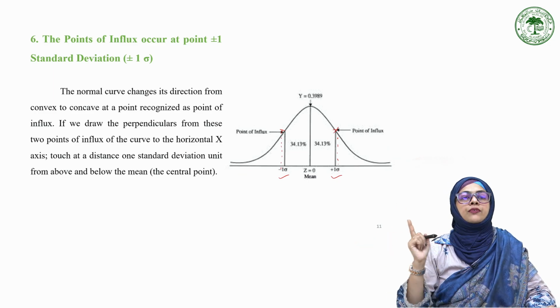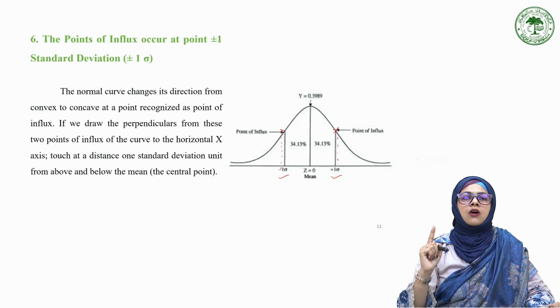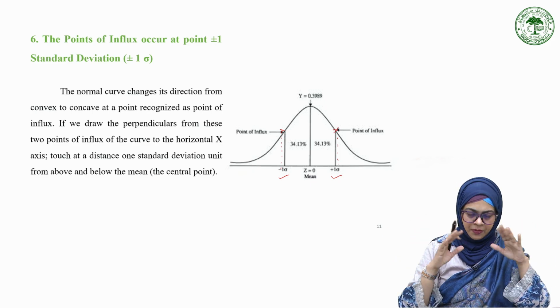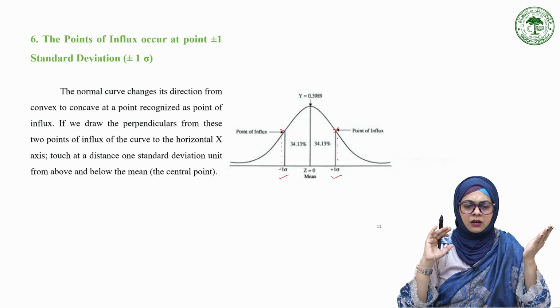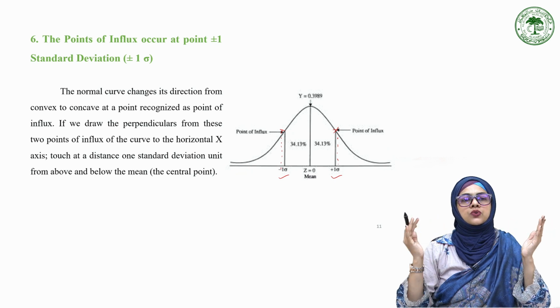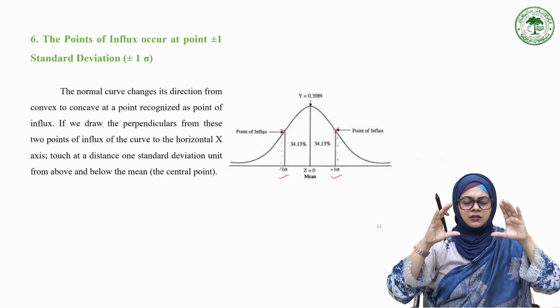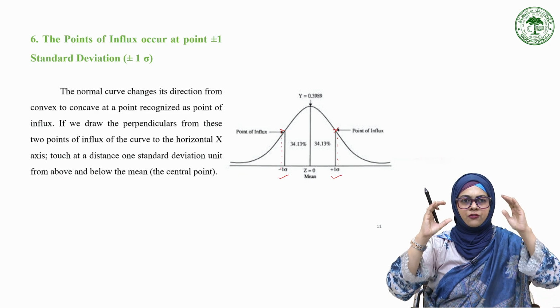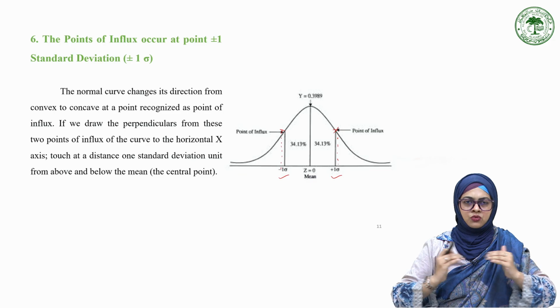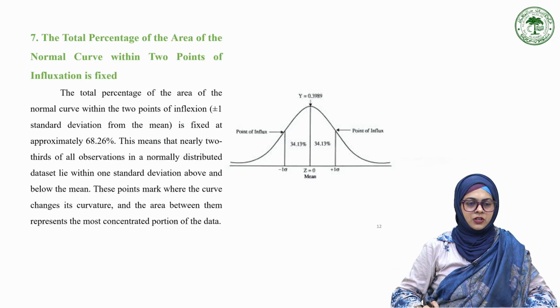These are the points of inflexion of the bell-shaped curve, where the direction changes from convex to concave, and you can see from the top that it touches the horizontal at 1 standard deviation.